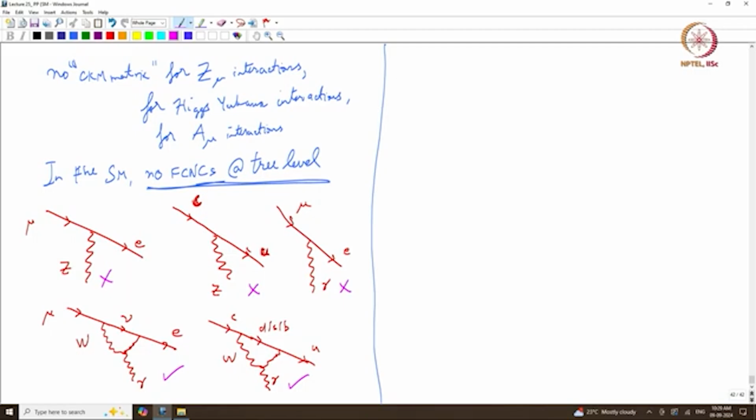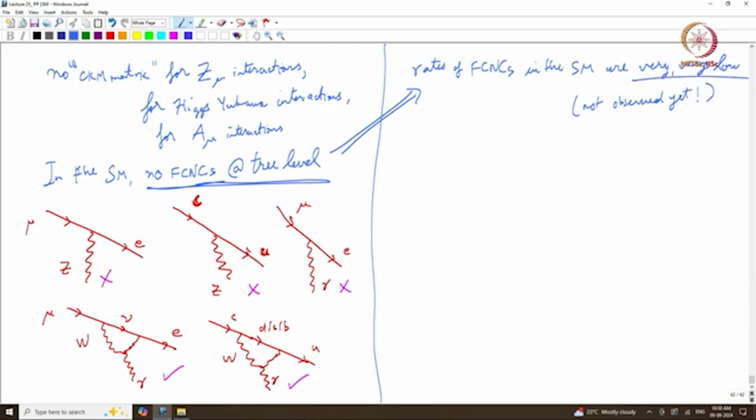So this has very important implications, because when you want to measure flavor changing processes, the rates of flavor changing neutral currents in the standard model are very low, so low that we have not observed these yet. Why should they be low? Because if you have loops, first of all you are suffering from more couplings.